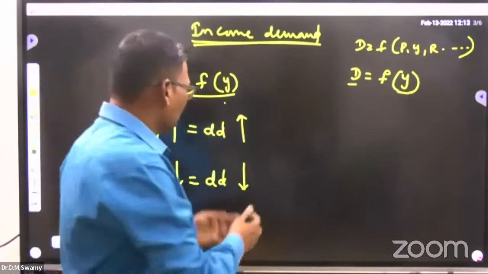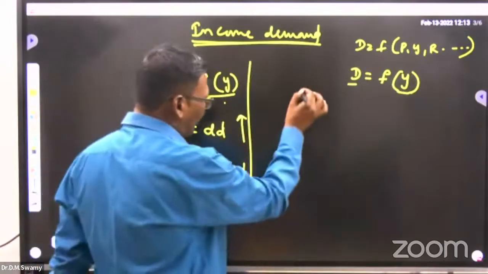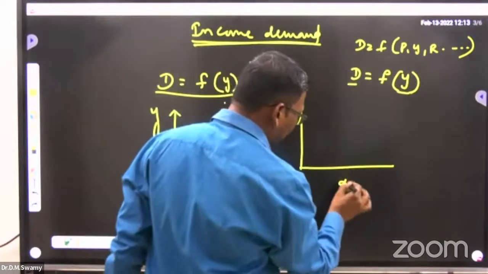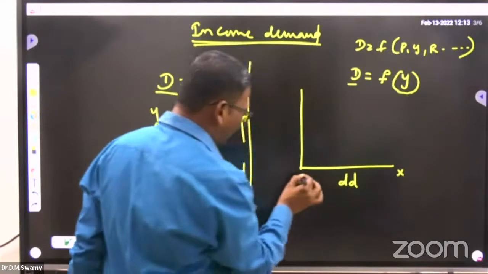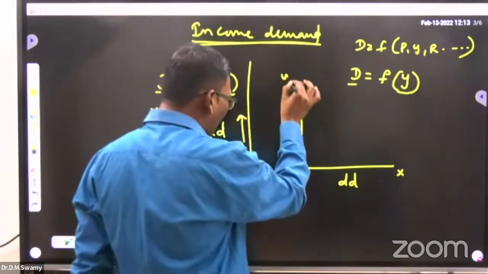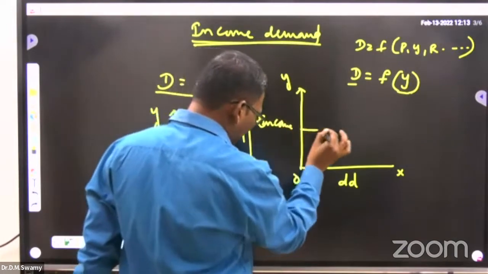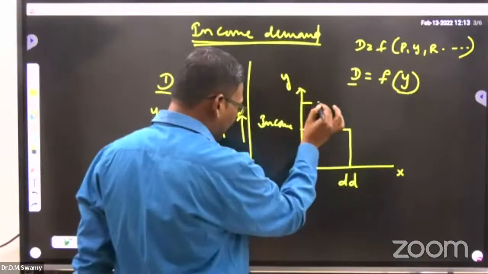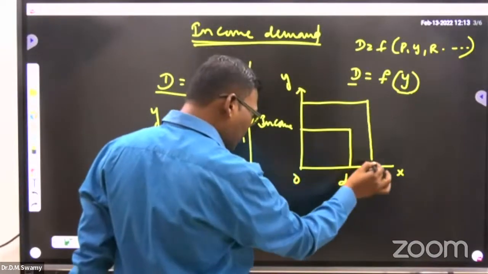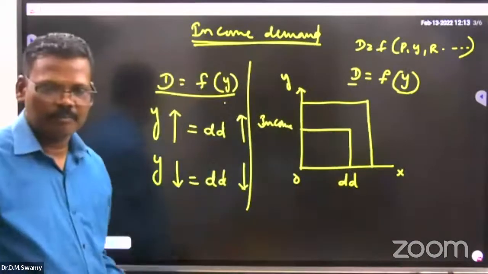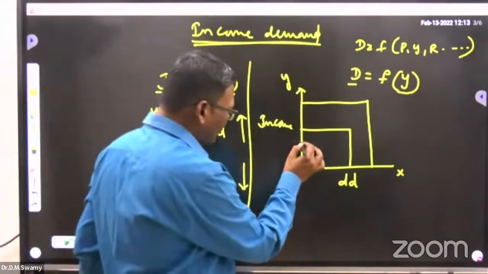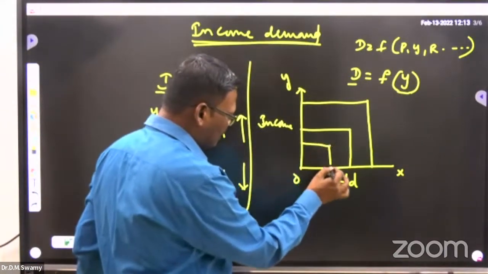So whenever we are talking about the income demand, we measure demand on the OX axis and income on the OY axis. If this is the income, this is the demand for the commodity, because more income means more demand. If income is less, we are also purchasing fewer commodities.